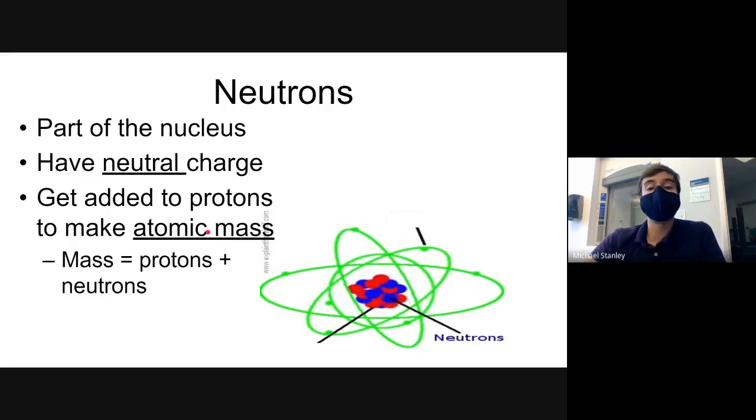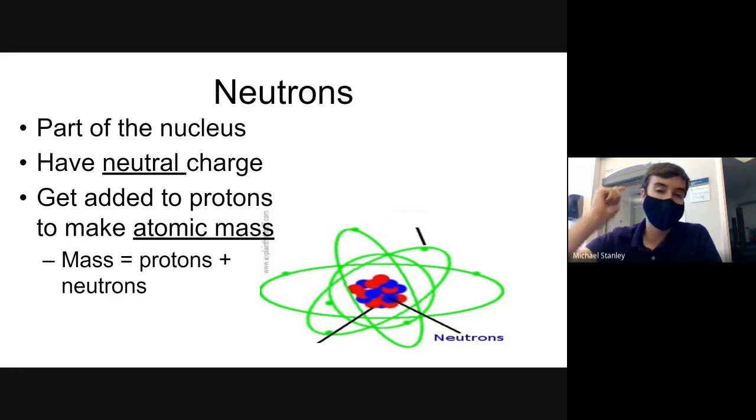And the cool thing about the neutrons and the protons is that together, they make up 99.999% of the mass or the weight of the atom. So if you take your number of protons and your number of neutrons and add them together, it basically gives you the weight of the atom, also known as the atomic mass. That's going to be important for something we talk about in a little bit.